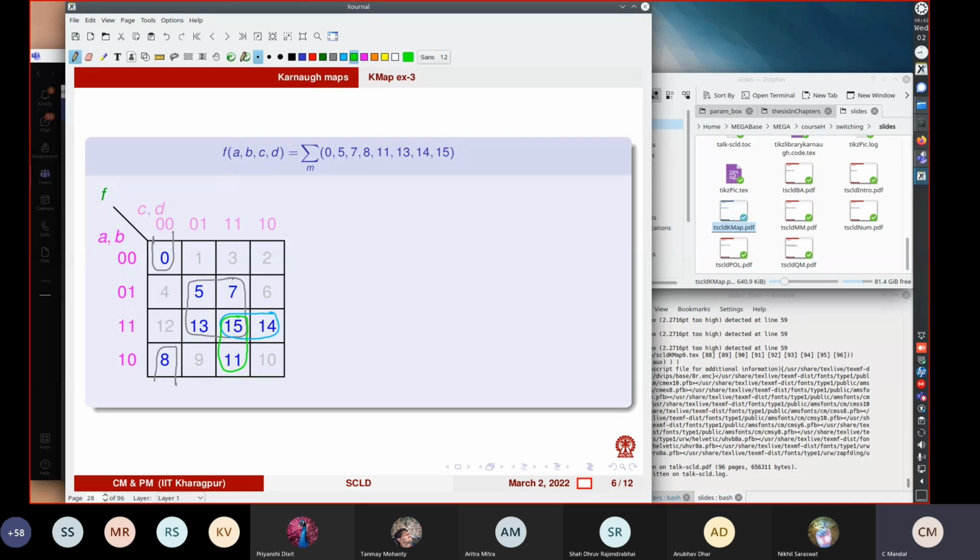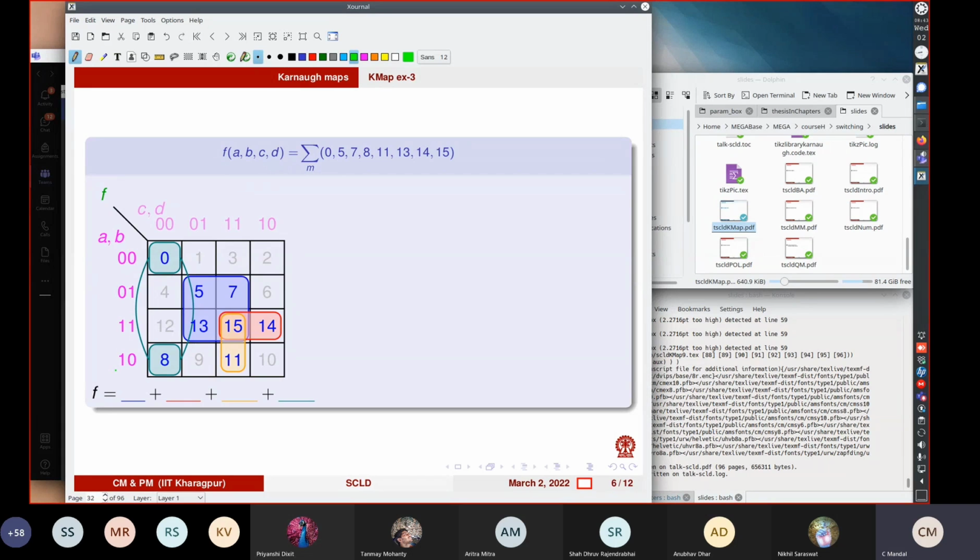So I think these seem to be the only good cubes, I mean, things that you can group, you can expand. So let us see the solution. This one, this one.